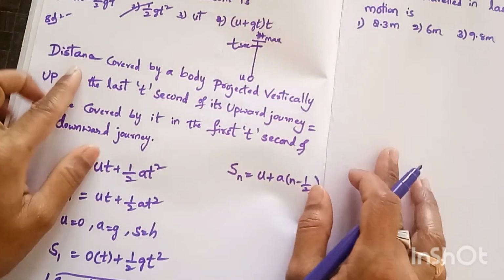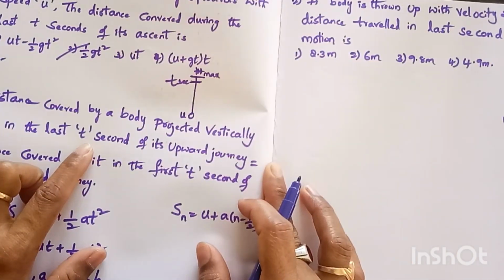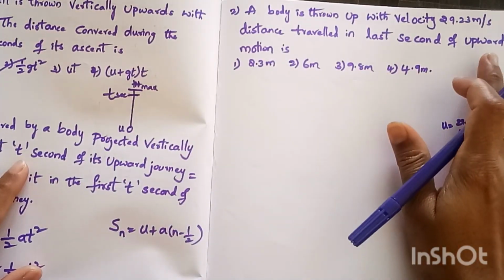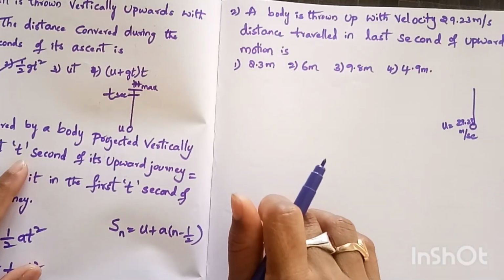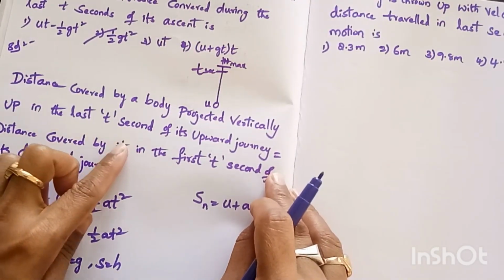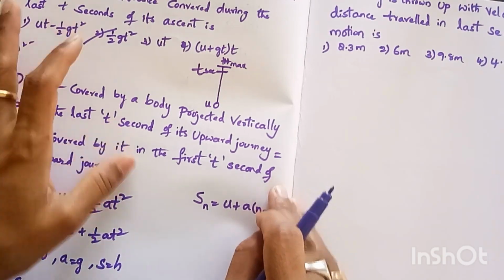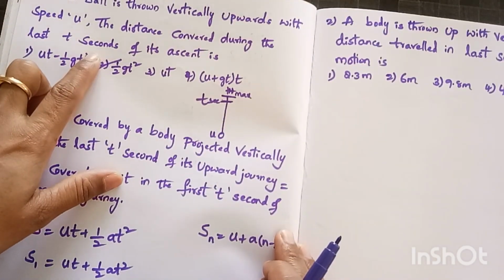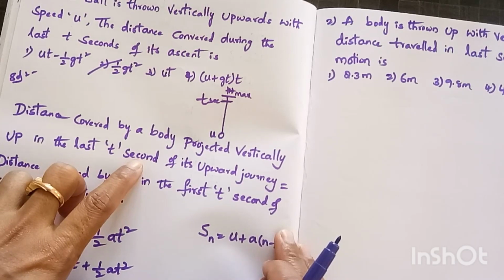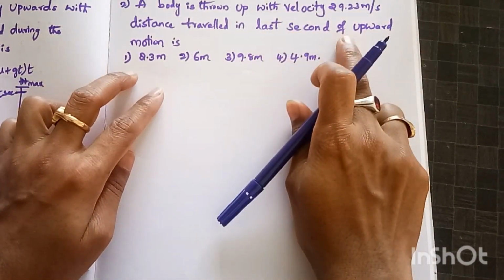We discussed that the distance covered by the body projected vertically upward in the last t seconds is equal to the distance covered in the first t seconds of its downward journey. But here they said last second. So that will be equal to the distance covered by it in the first second of its downward journey. They did not mention last t seconds here.